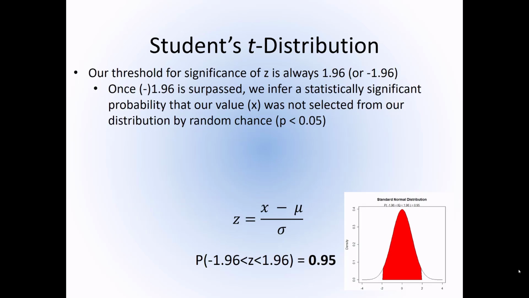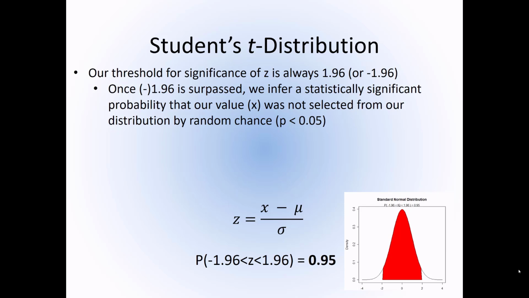So in thinking about the value of these distributions, one way to utilize these different distributions is to assess if we have any kind of statistically significant patterns that are occurring in the data that we've collected. And for the standard normal distribution, for the z values, we've got specific thresholds that once they're crossed, we know that there's some kind of a significant effect occurring in the data that is being observed.